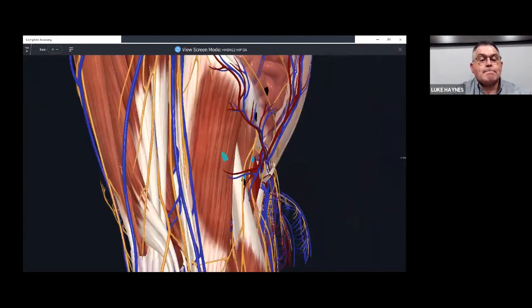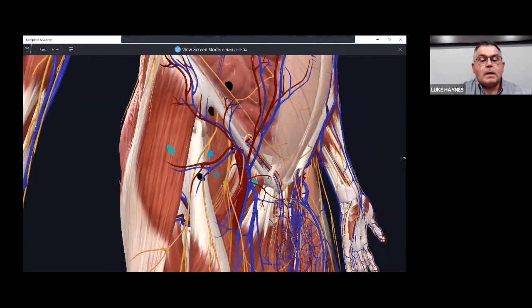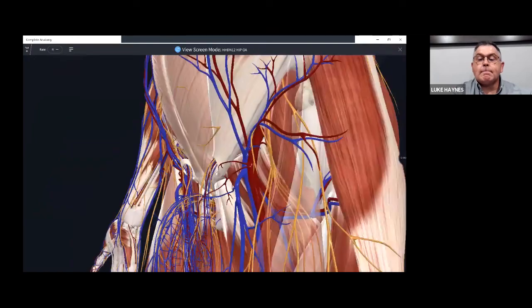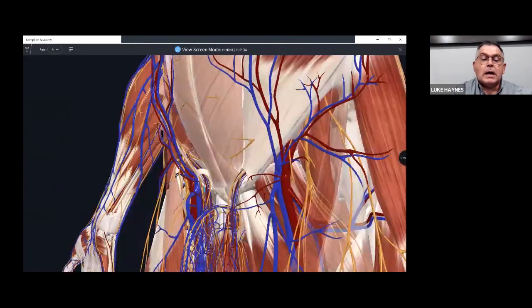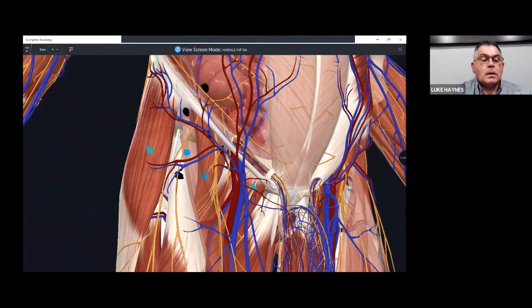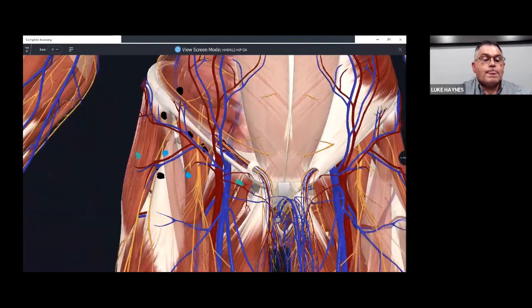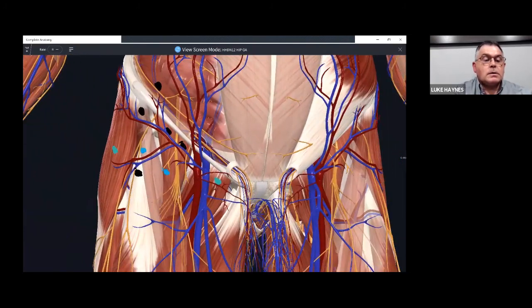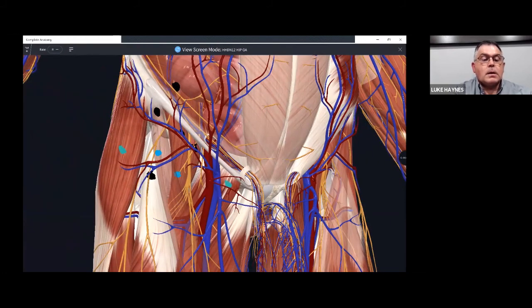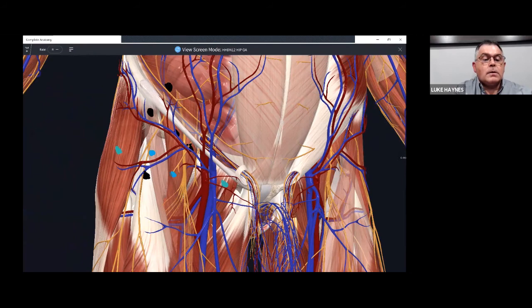Where are we here? Did I put it over here? So iliofemoral and iliopectineal bursa in the same location.